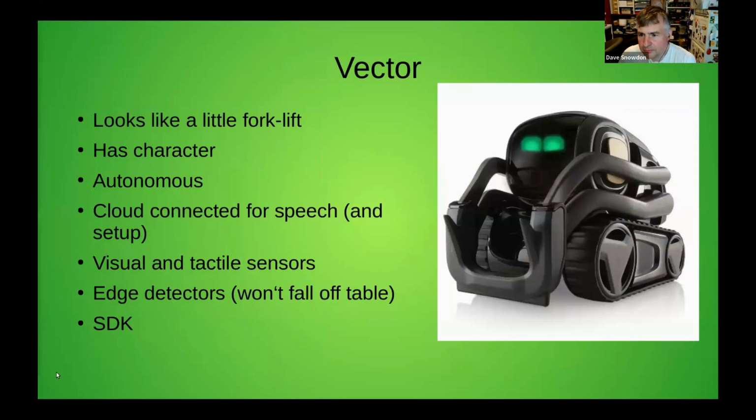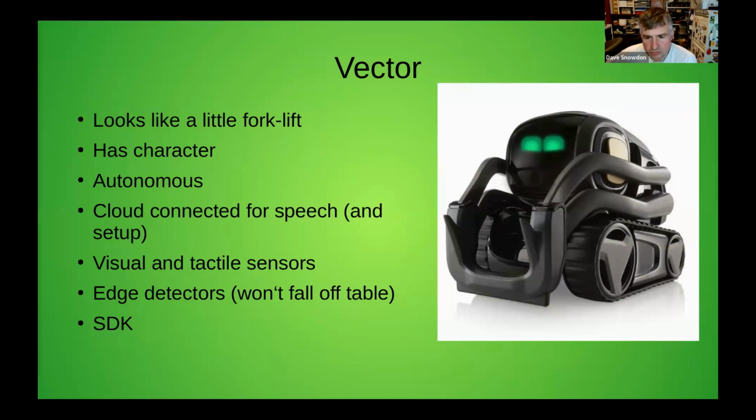So this is Vector. He's a little robot, looks a bit like a forklift. He's quite a character. He's autonomous, and he does have an SDK, and he is connected to the cloud. The cloud is mostly used for speech and knowledge lookup, so he has some functionality without the cloud, but it's limited.